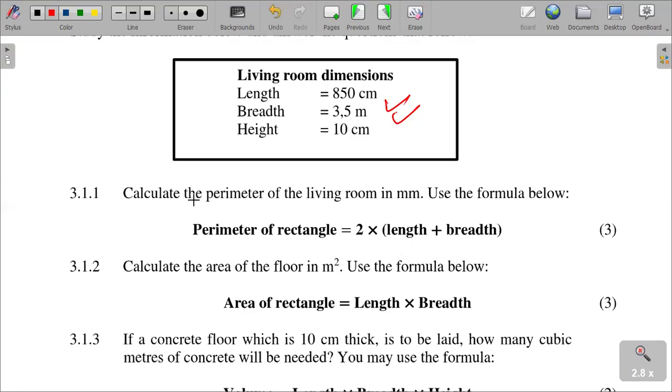So what we need to do is that in this case, perimeter is equals to, we know that is 2 times length plus 2 times breadth.